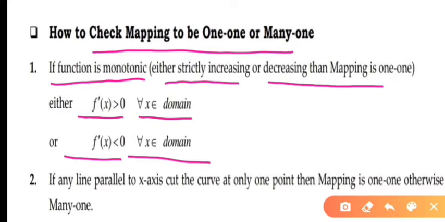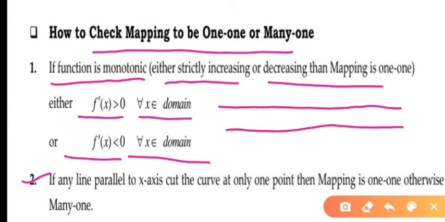Now the second point: if any line parallel to the x-axis cuts the curve at only one point, then the mapping is one-one. Otherwise it is many-one. There should be a curve.